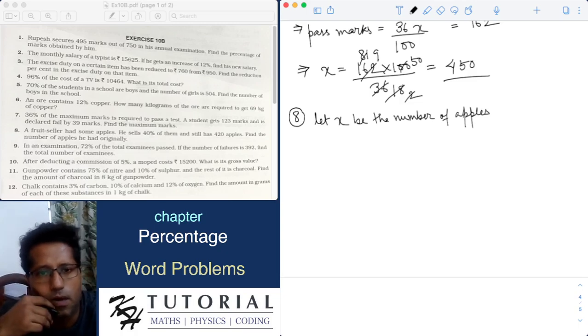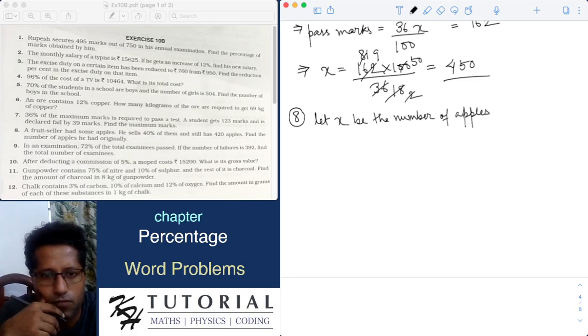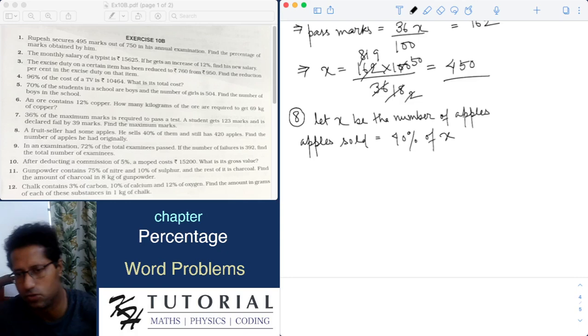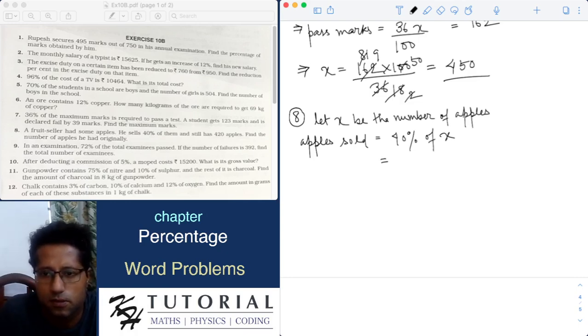Okay. Now it says that the fruit seller sold 40% of them. So apples sold equals 40% of x, because x we have assumed to be the number of apples the fruit seller originally had. So this is nothing but 40 by 100 into x.